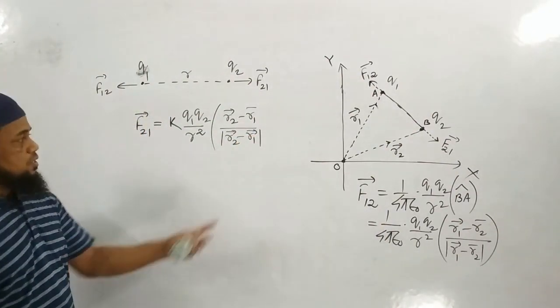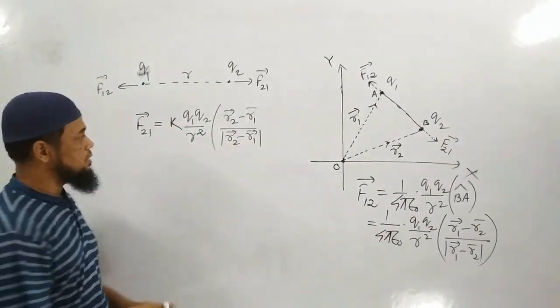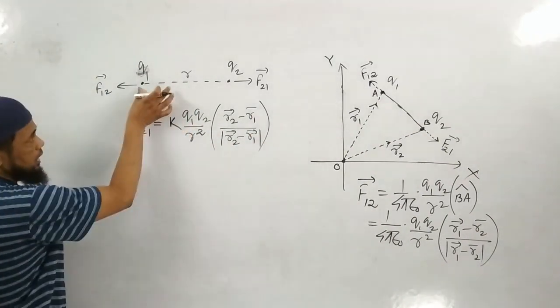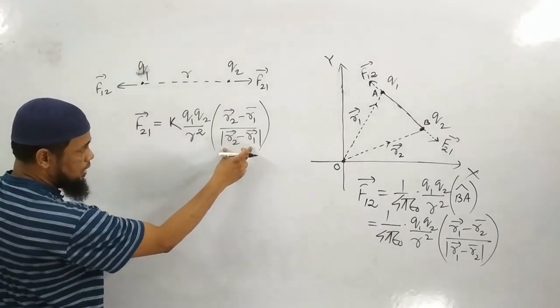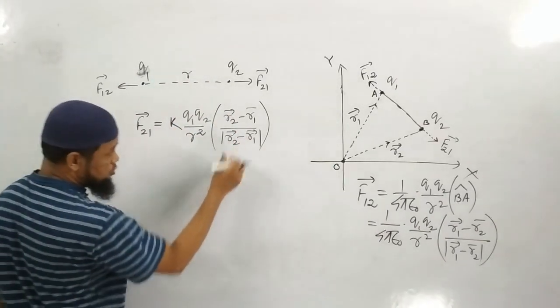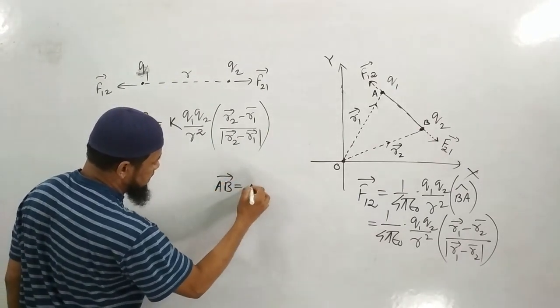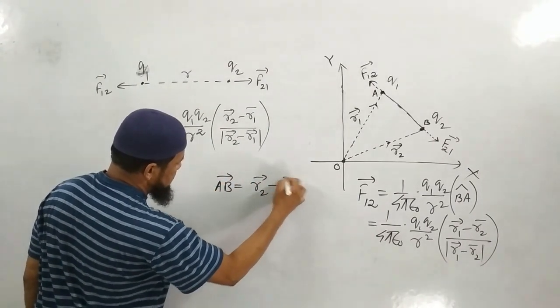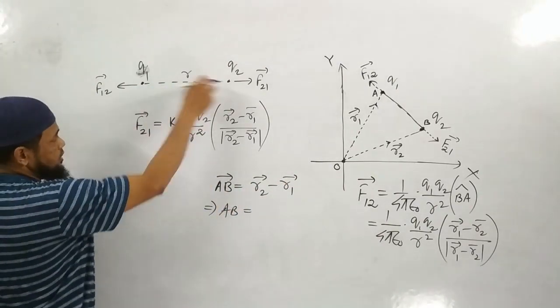This modulus is nothing but the magnitude of the separation between the two charges. This is R1 bar, R2 bar. We have seen that R2 bar minus R1 bar is AB bar, so what is the magnitude AB? AB means the separation between the two charges.